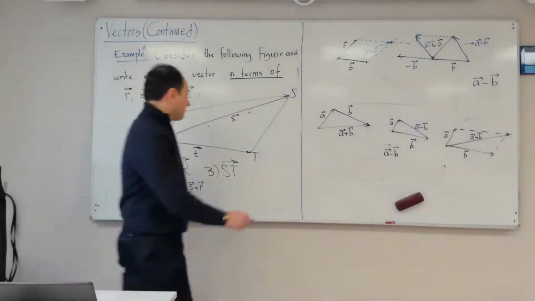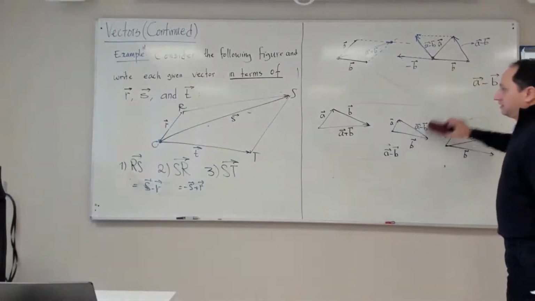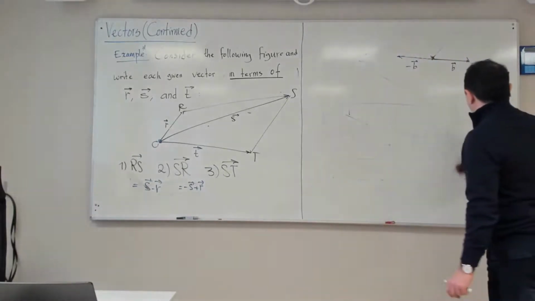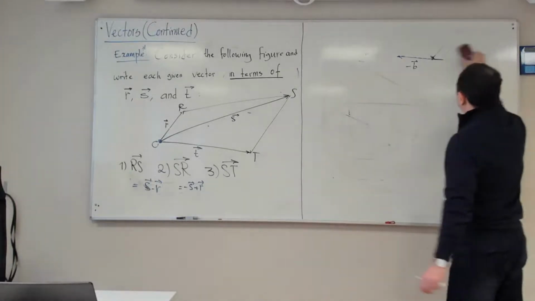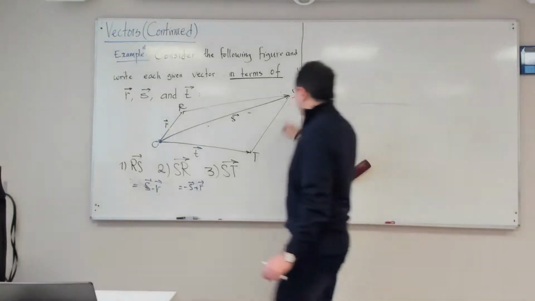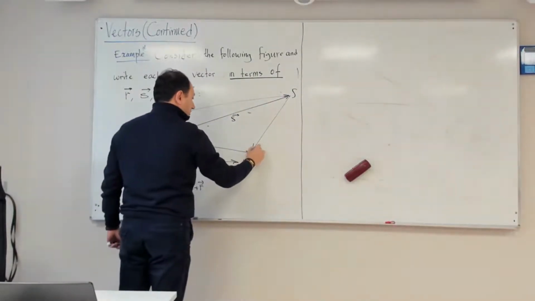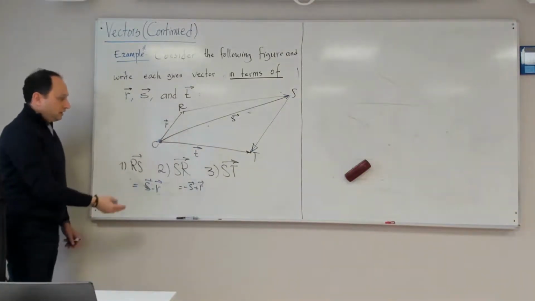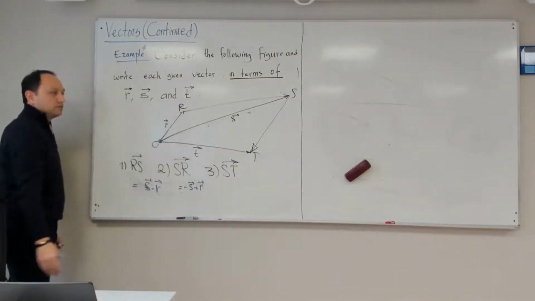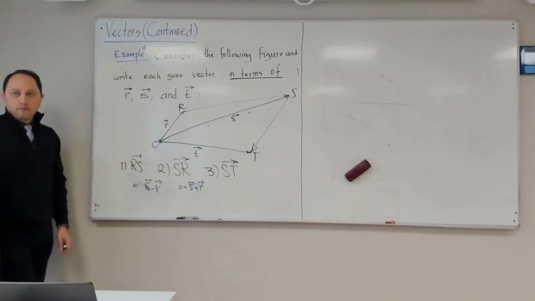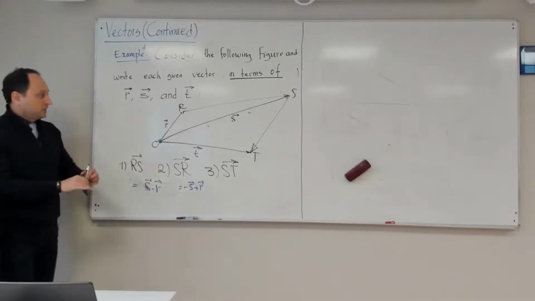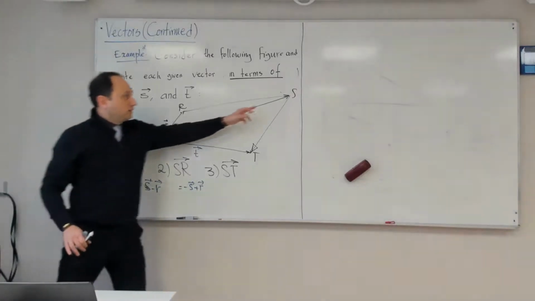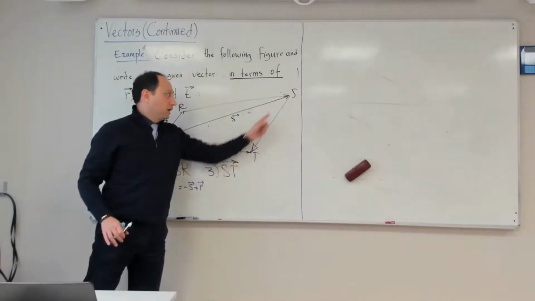Now, what is ST? That's also very simple now. What is ST? ST is this vector. If you want, I can put the arrow, so you can see. How can I write this using these 3 vectors? Of course, here I use 2 vectors. Here I'll also use 2 vectors. So what is ST? You see these 2 vectors are drawn from the same point, and the final points are connected by this vector.